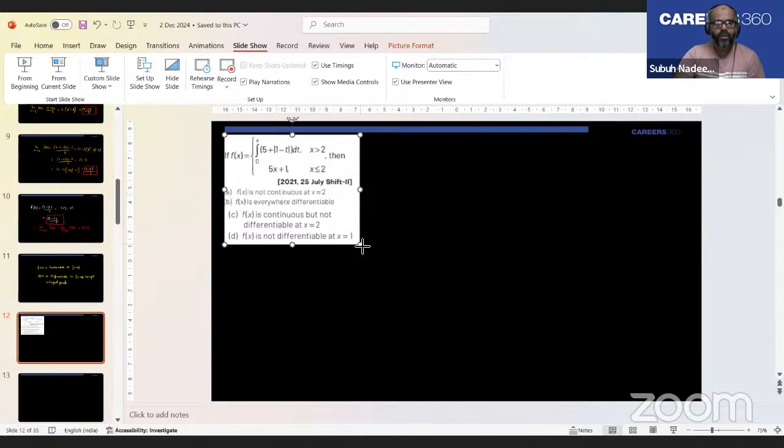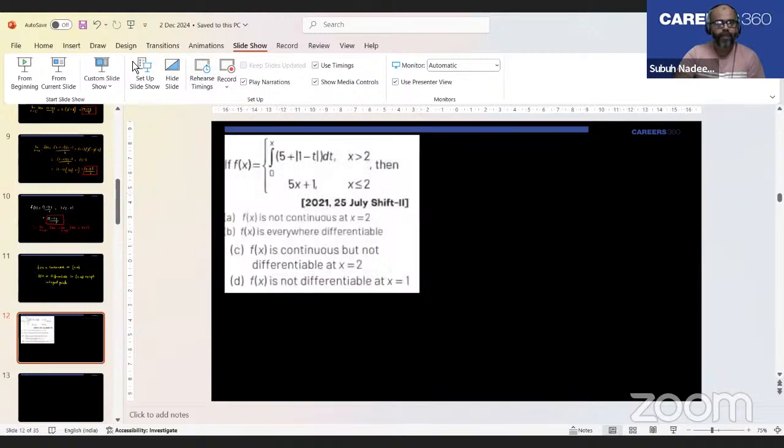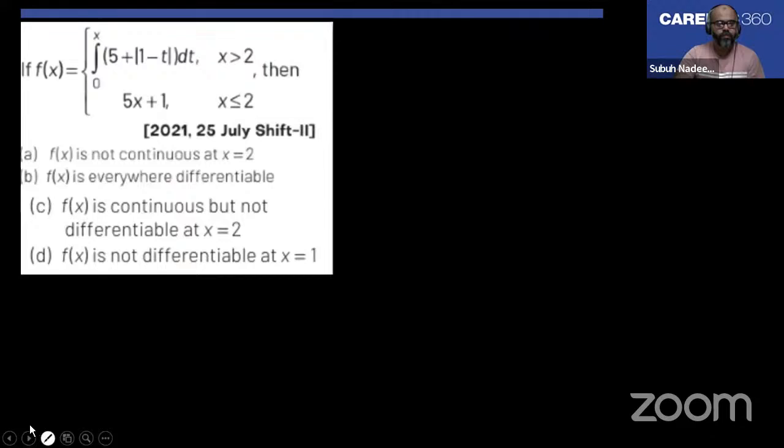So here comes the next question. F(x) is integral 0 to x of 5 plus mod of (1 minus t) dt if x is greater than 2. Okay. And 5x plus 1 if x is less than or equal to 2. Okay.